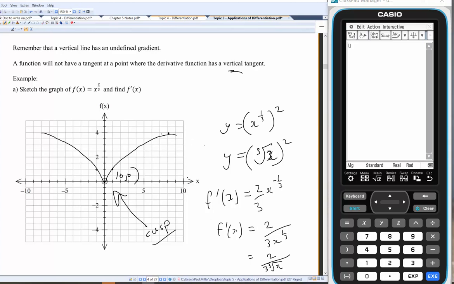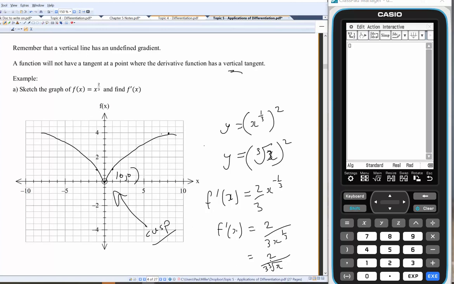Okay, so what is this one? I think it's going to be kind of hyperbolic.